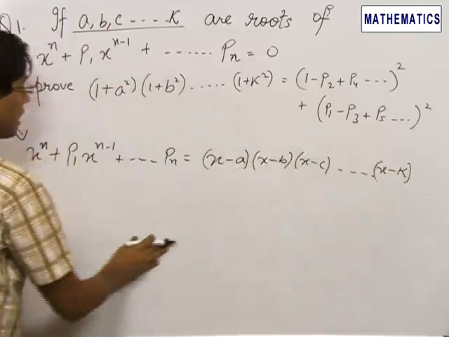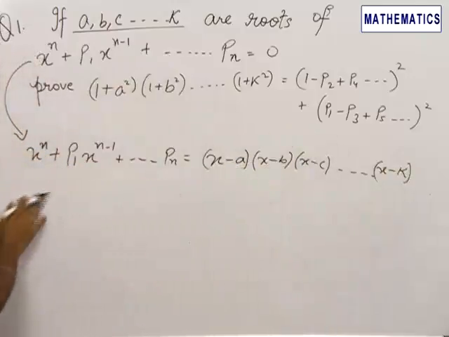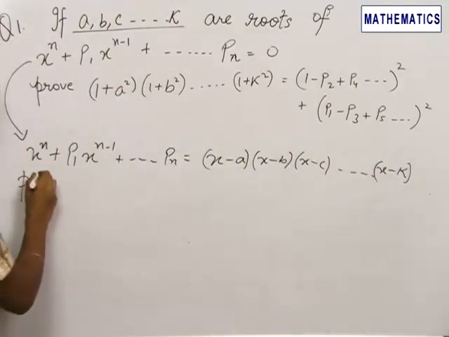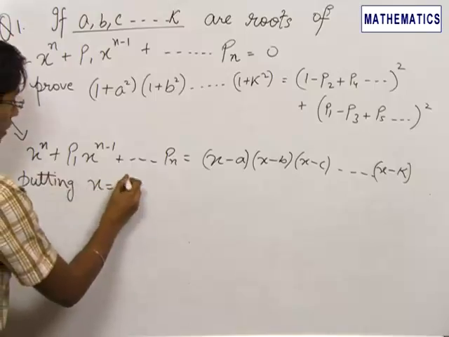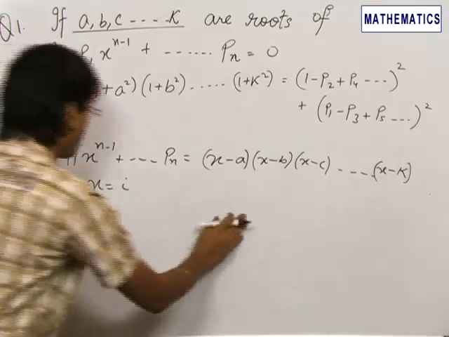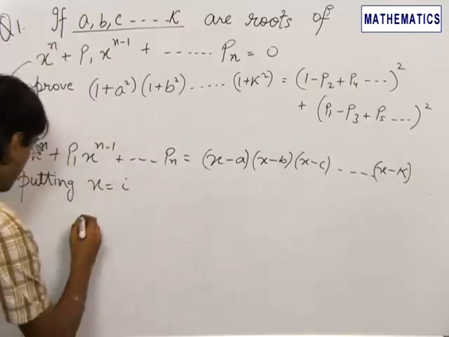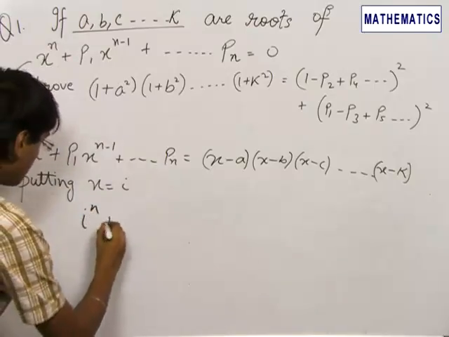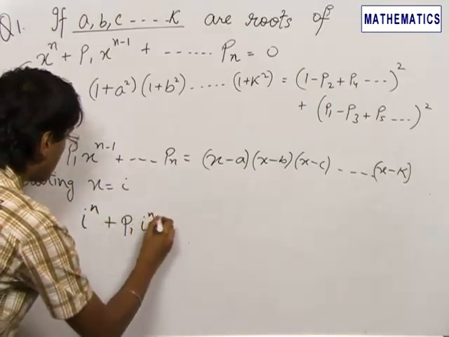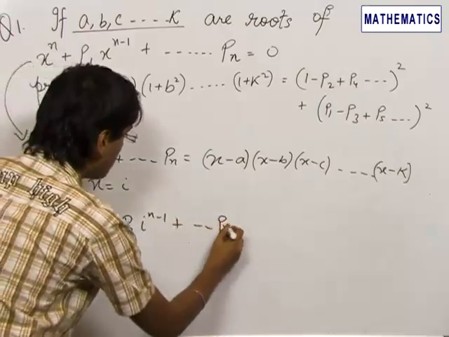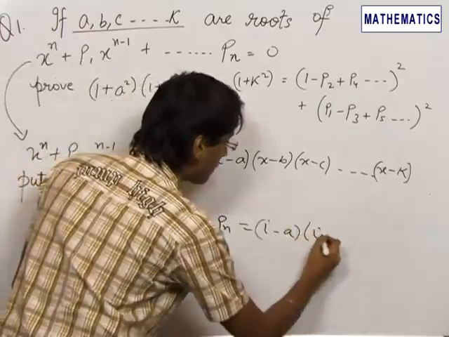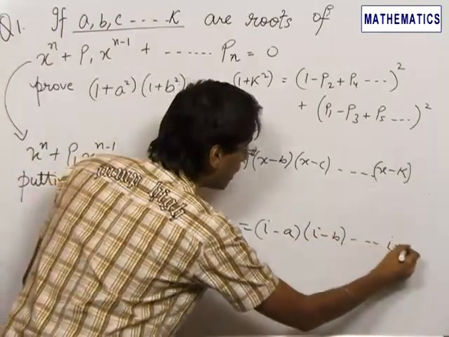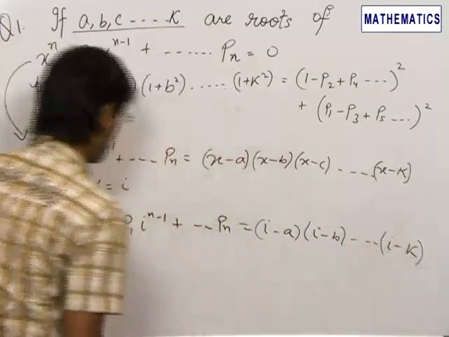Since a, b, c up to k are the roots of this polynomial, now putting x equals iota in this expression, we'll get iota power n plus p1 into iota power n minus 1 up till pn is equal to iota minus a, iota minus b up till iota minus k.